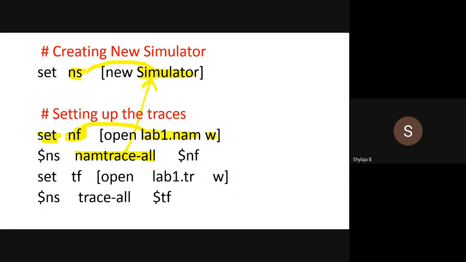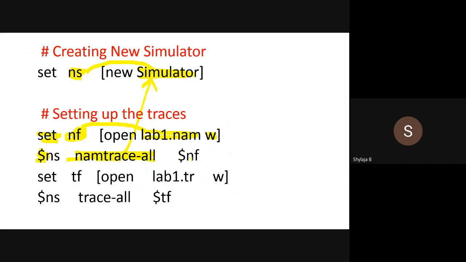Here simulator's object we have created just now, it is ns. So we have to use this object to access the member functions of simulator. And how to use this ns? While creating an object, you write set ns. But afterwards, to refer to this object, we have to use the dollar symbol. That's why the dollar symbol is used here to access this ns. So we are referring to namtrace-all through this object.